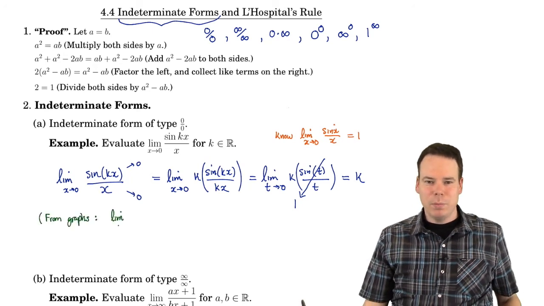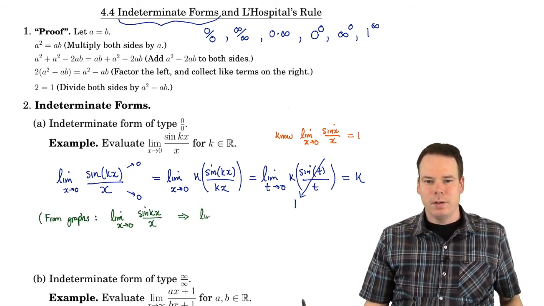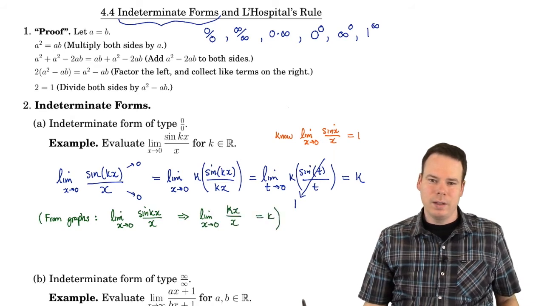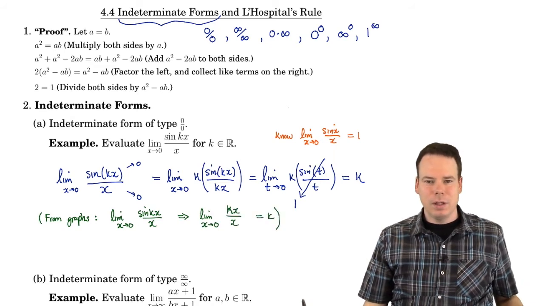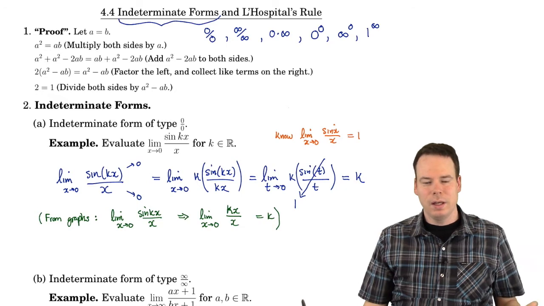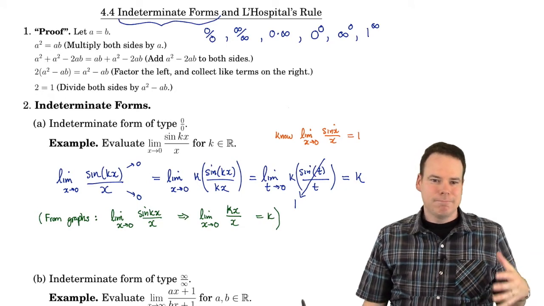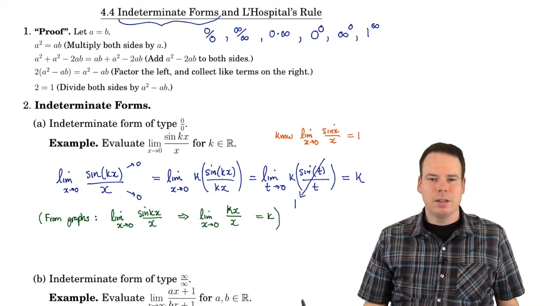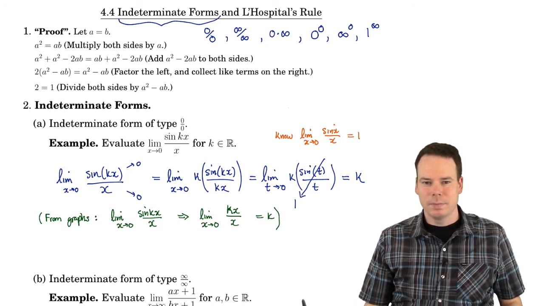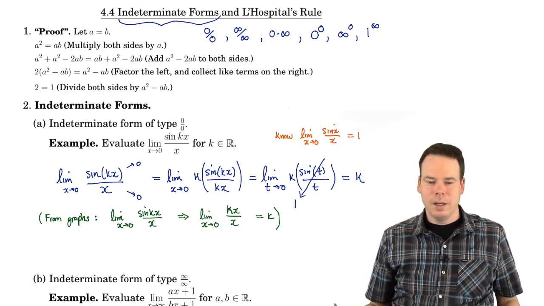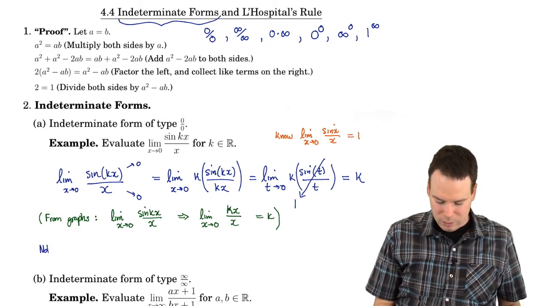So in a sense, the big picture point of view, from using the graphs of sine kx and x, we get that the limit of sine kx over x can be obtained by looking at the limit of the ratio of their tangent lines, kx over x. So here's a curious point to note.